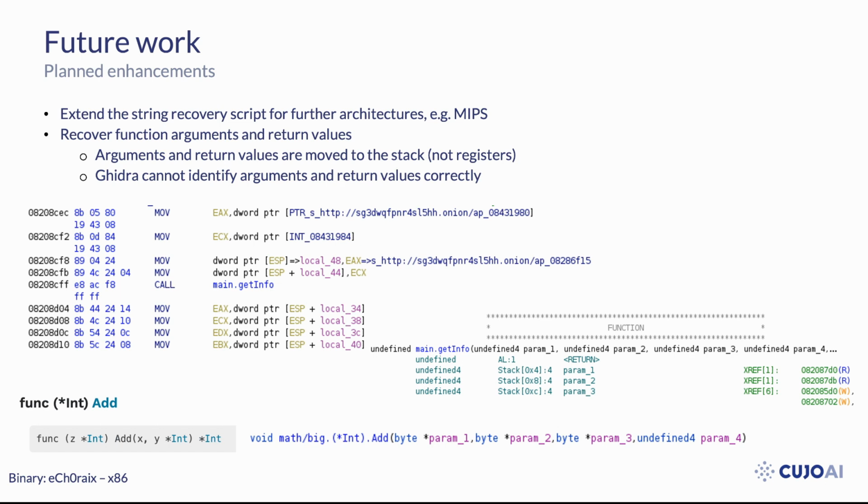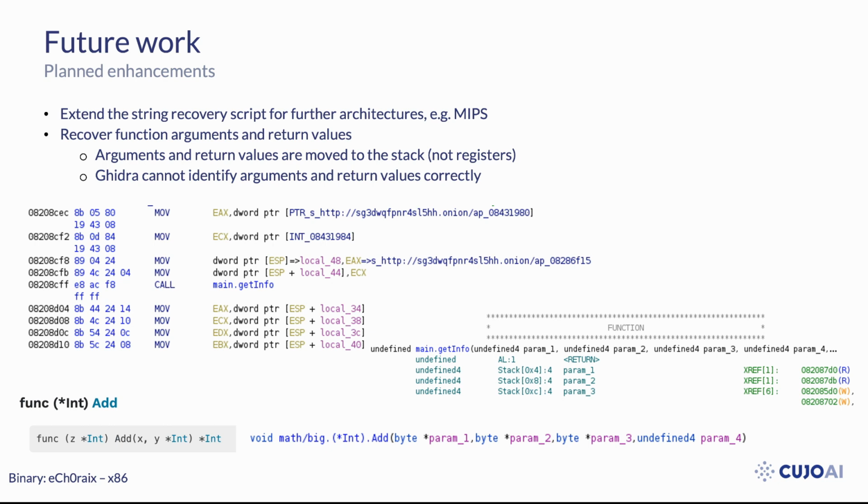As you have seen before, in a function call, these arguments are placed onto the stack and the return values are also moved to the stack, not to registers as we would expect. So for example, we cannot look for the EAX register for the return value, rather we have to look at the stack. And Ghidra has a hard time identifying these arguments and return values correctly.